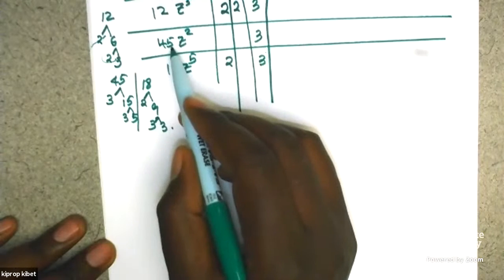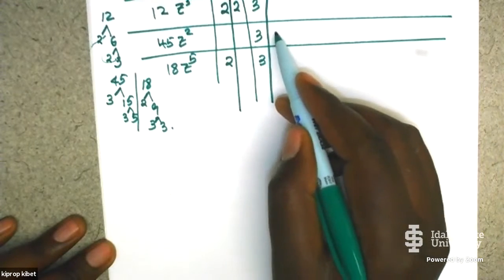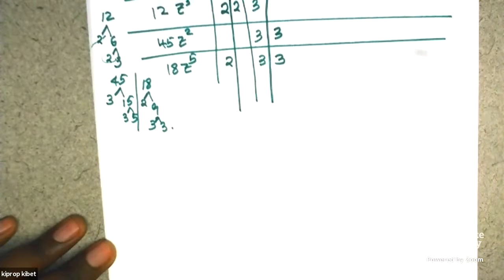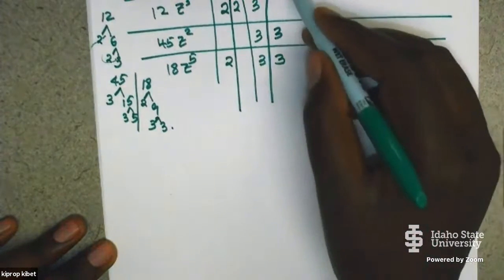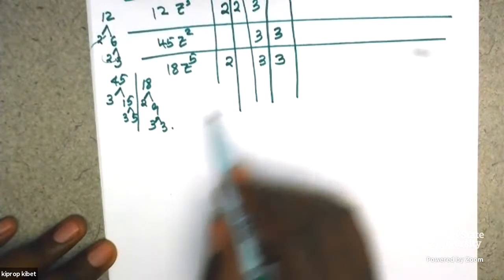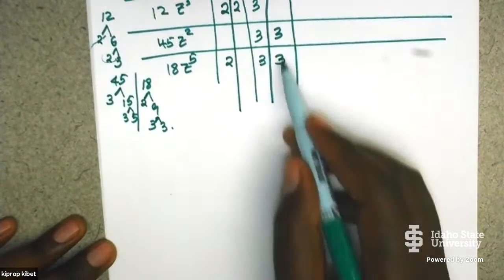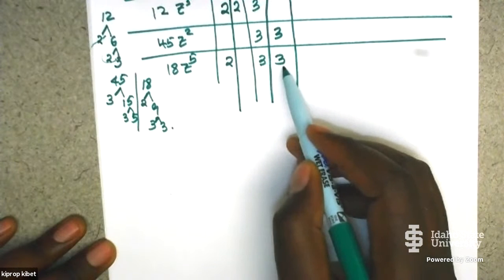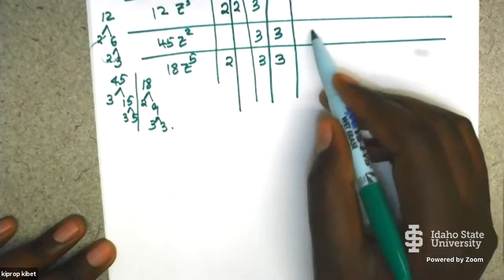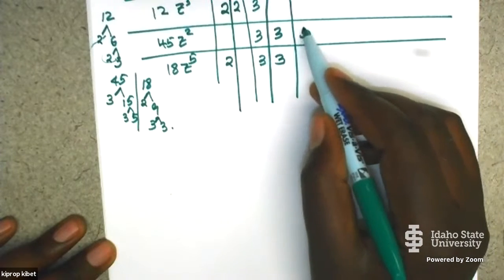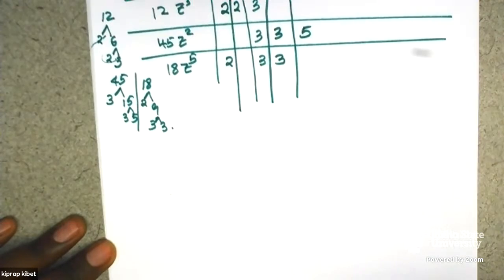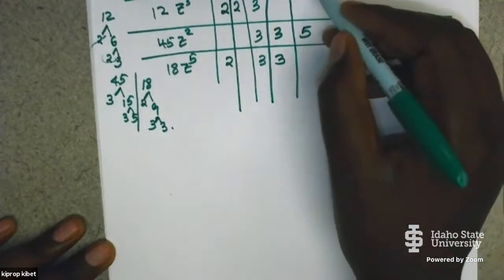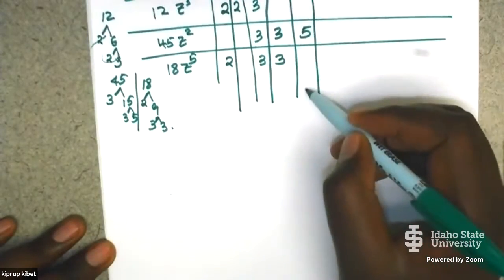We have another 3 for 18 and 45. Do we still have another 3? So we already have 9 here, we already have 18 here. So what remains here is what? 5. So we don't have another 5.